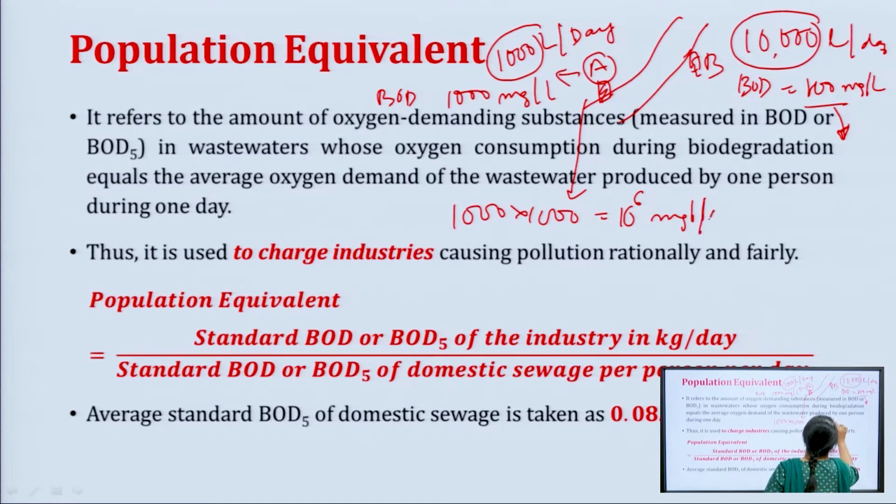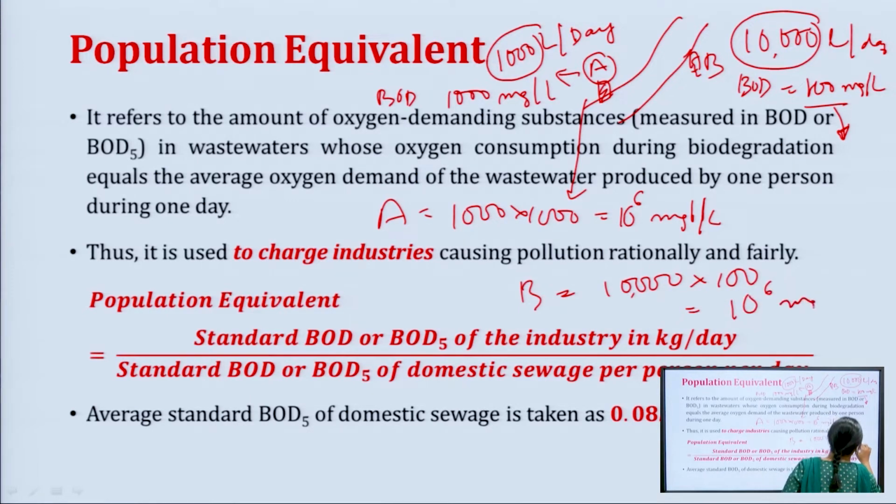This is the total BOD for A, and for B how much is it? 10,000 into 100, so 10 to the power 6 milligram per liter.